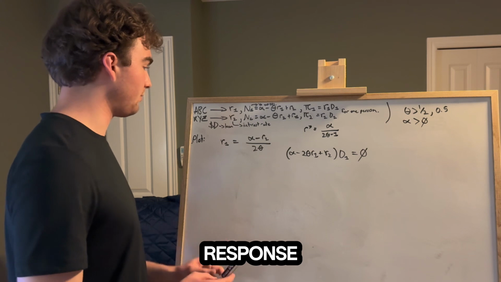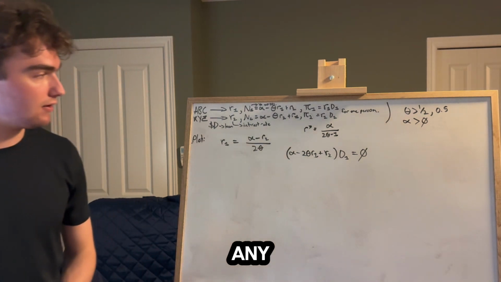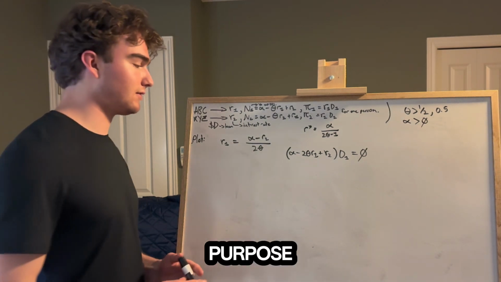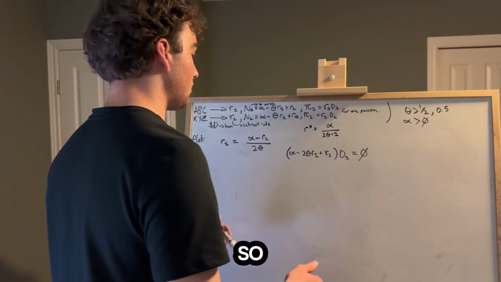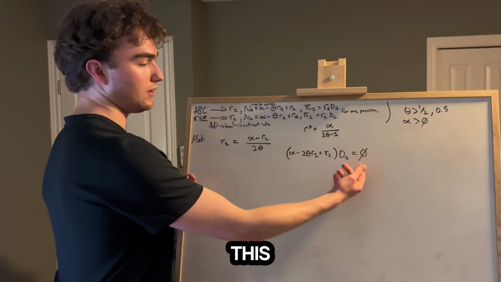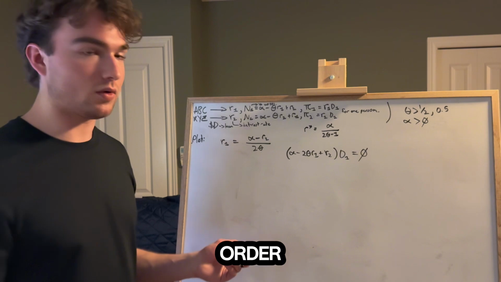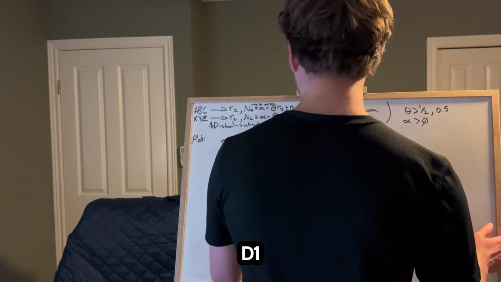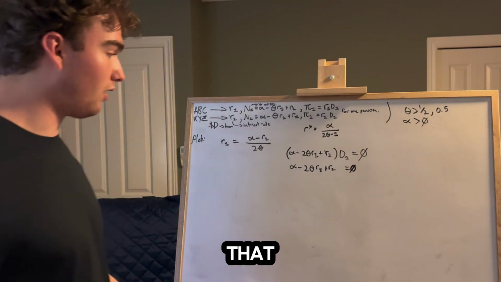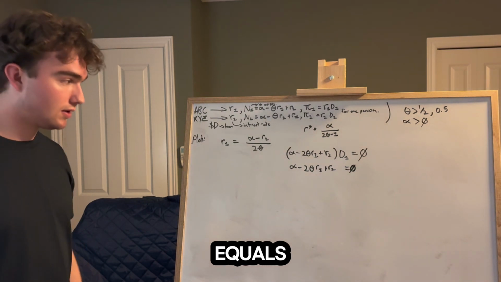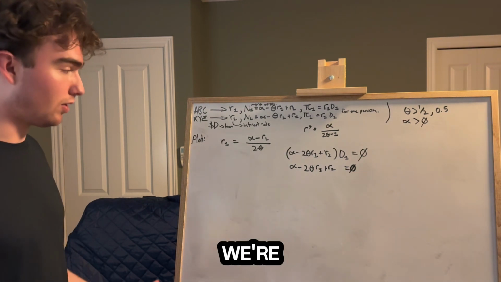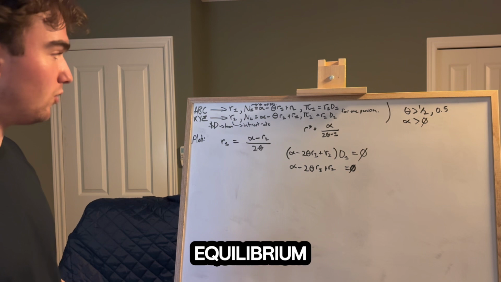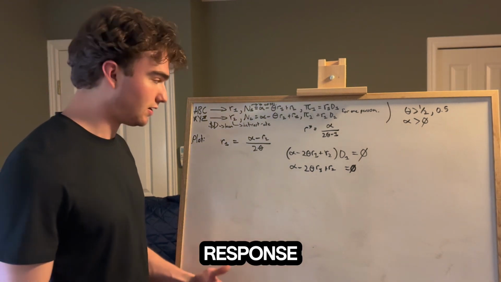A best response function is not the same as an NE, but it serves a similar purpose. So this is how I found it. This looks familiar. This is just our first order condition. We're getting rid of D1. This time we don't care that R1 equals R2 equals R star, because we're not trying to find the Nash equilibrium. We're trying to find the best response function.